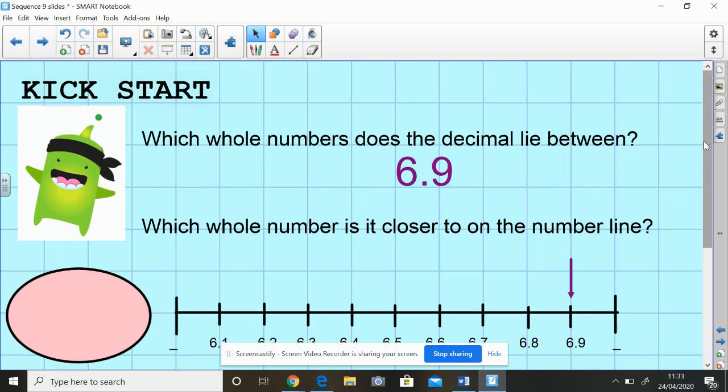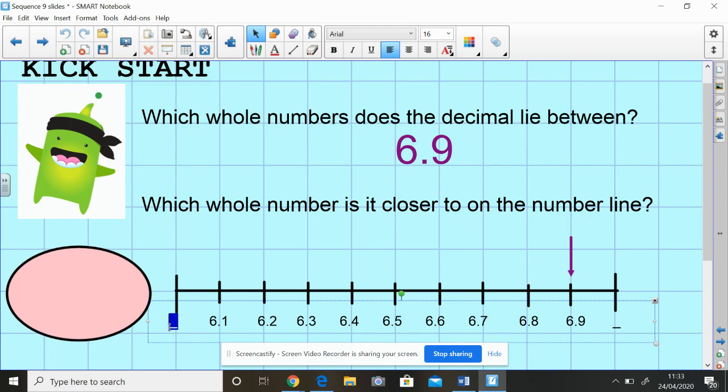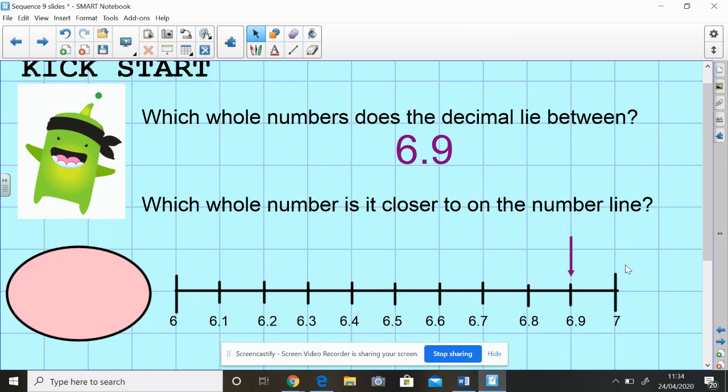Now, I think this is the last one, and then I'm going to let you go and do your sheet. Here we have the number 6.9. Firstly, what two whole numbers does 6.9 lie between? 6.9 lies between the numbers 6 and 7. Those are the two numbers on either side of 6.9.